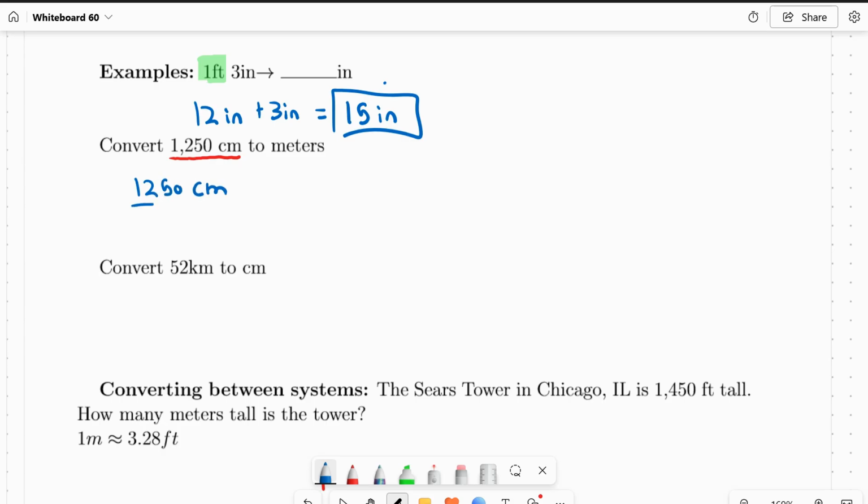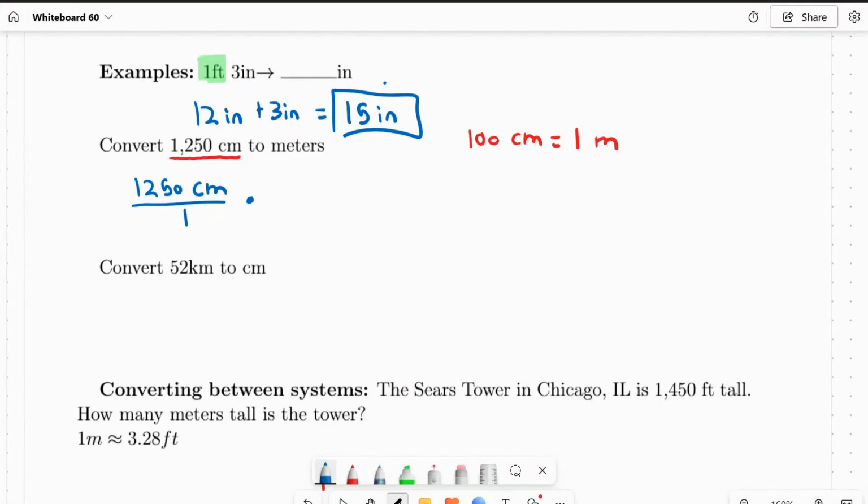Now I'm going to use my conversion factors that we went over on the last page to convert my units of centimeters into meters. My unit conversion that involves both centimeters and meters is 100 centimeters equals 1 meter.